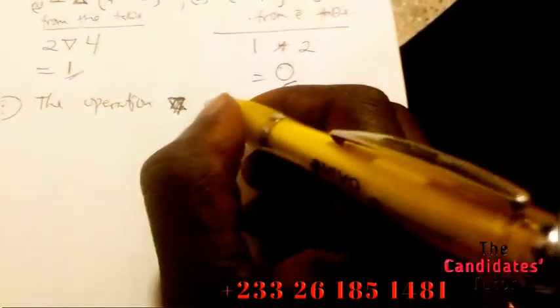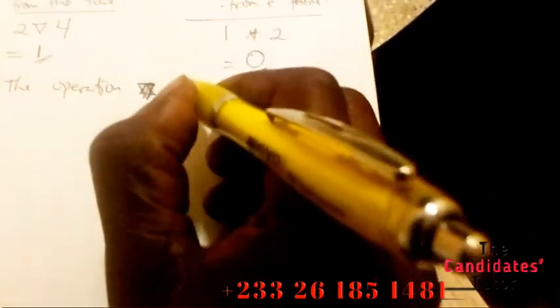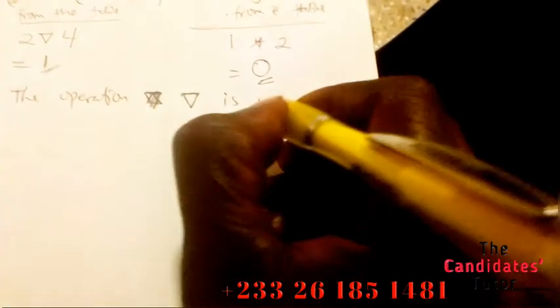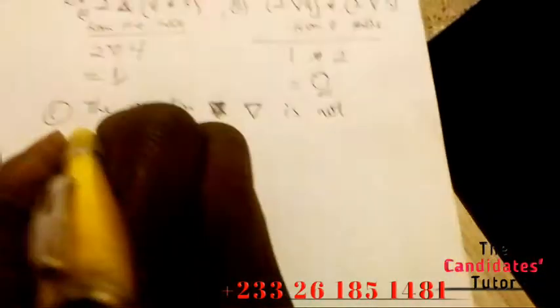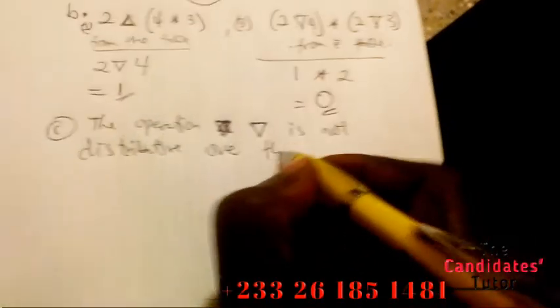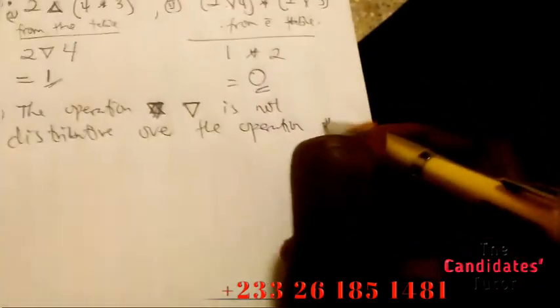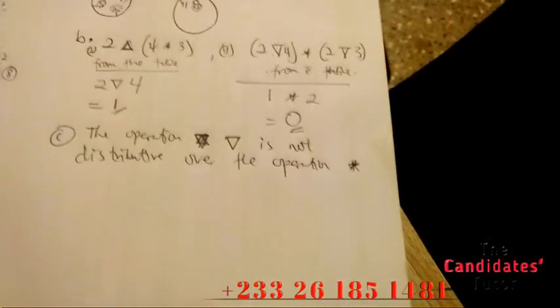Let me just cancel, sorry. So we have the operation triangle is not distributive over the operation star, and that will be the solution for this.